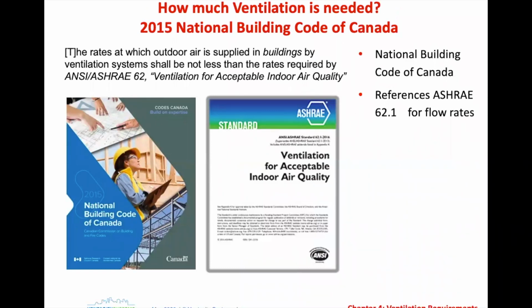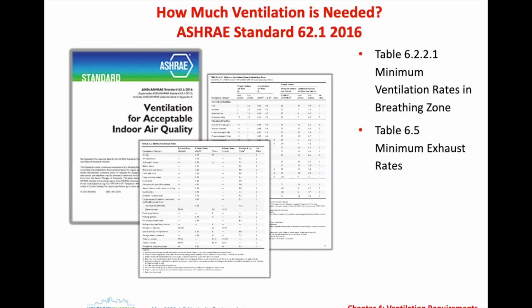So the National Building Code of Canada, as I mentioned, references ASHRAE 62.1 for flow rates. Basically you open the National Building Code of Canada and it says, okay, for ventilation, refer to 62.1, almost without exception. 62.1 has tables that you use that will determine what the airflows are and how to calculate those airflows for all of these different, what they call breathing zones and exhaust areas or exhaust zones.